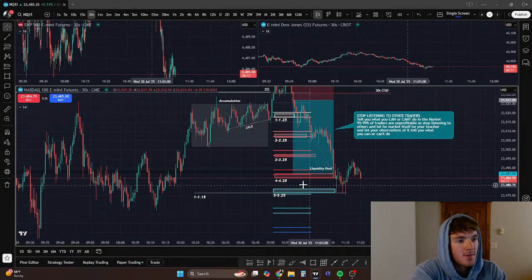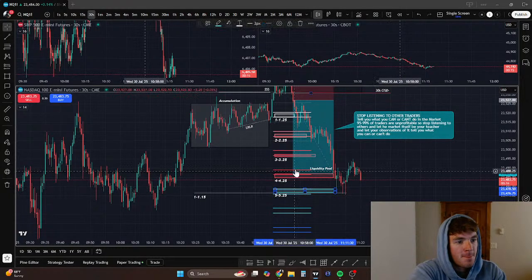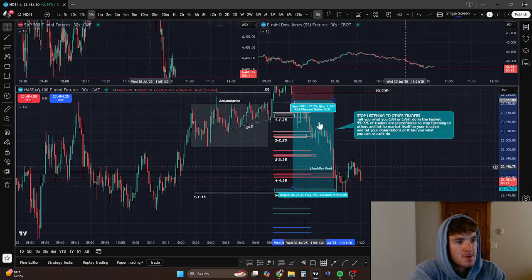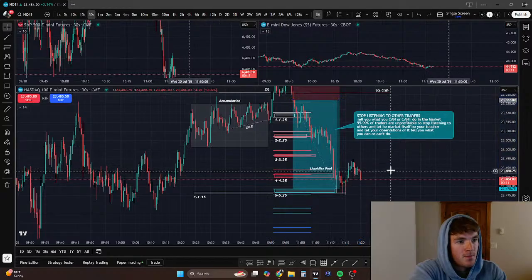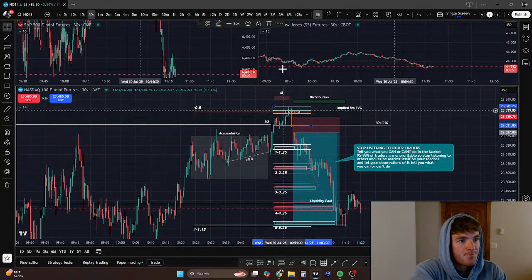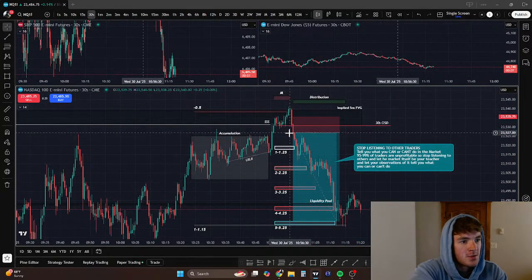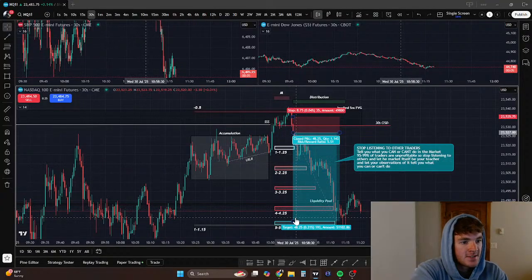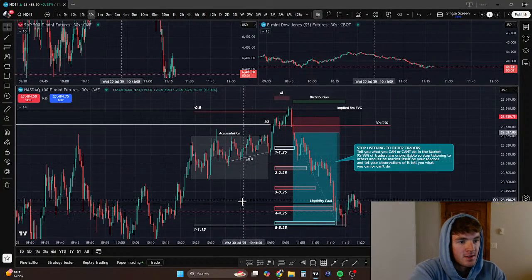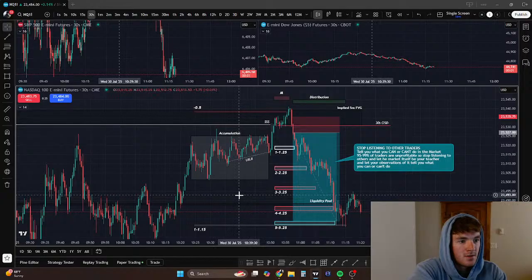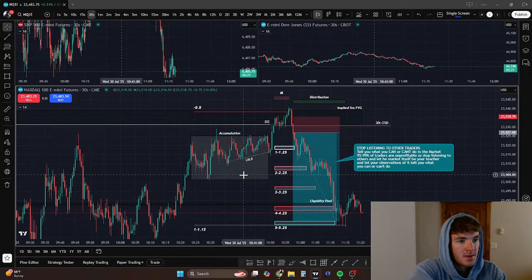Because think about what's going on. Here we have 1, 2, 3, 4, 5, 6 sections. Here we have 1, 2, 3, 4, 5 sections.